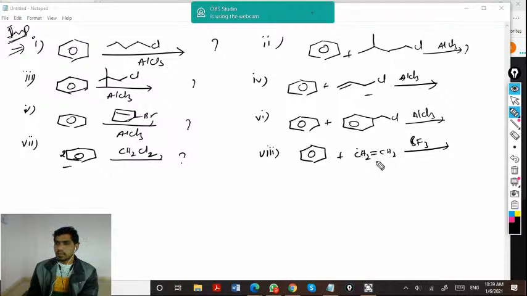So let's make the vinyl carbocation. When H plus is attacking, let's say H plus is attacked here, so it's going to form a carbocation that you need to substitute onto the benzene.